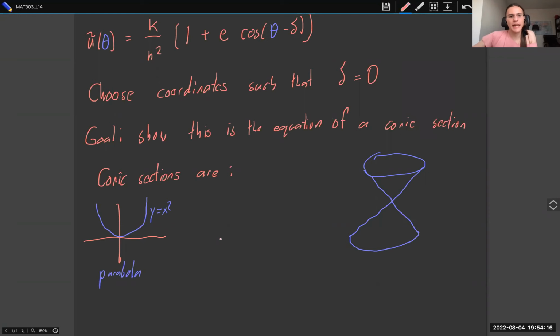Then you can get an ellipse, which includes the case of a circle. That's not a good ellipse. But I tried. Actually, that's not true. I didn't really try. Okay, now I'm trying it. Still not perfect, but whatever. Slightly better. Or you could get a hyperbola. And the degenerate cases include a line, let's say.